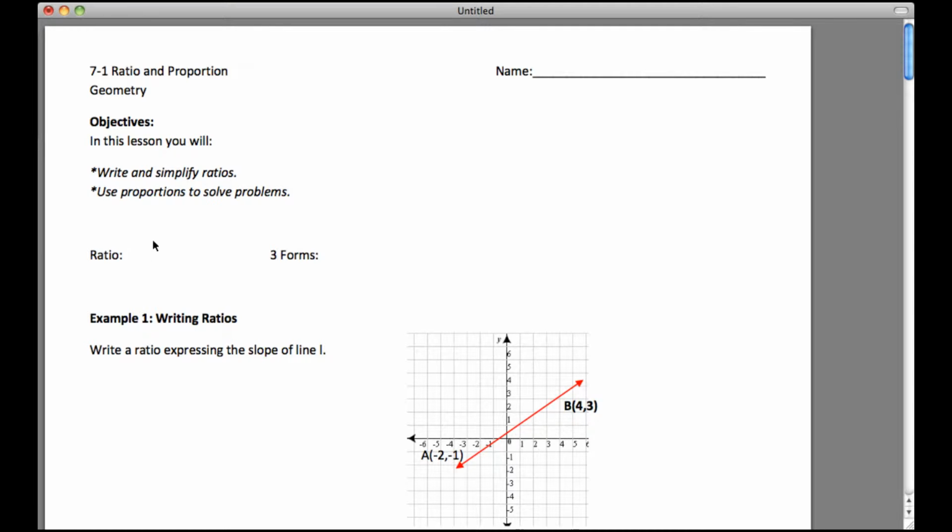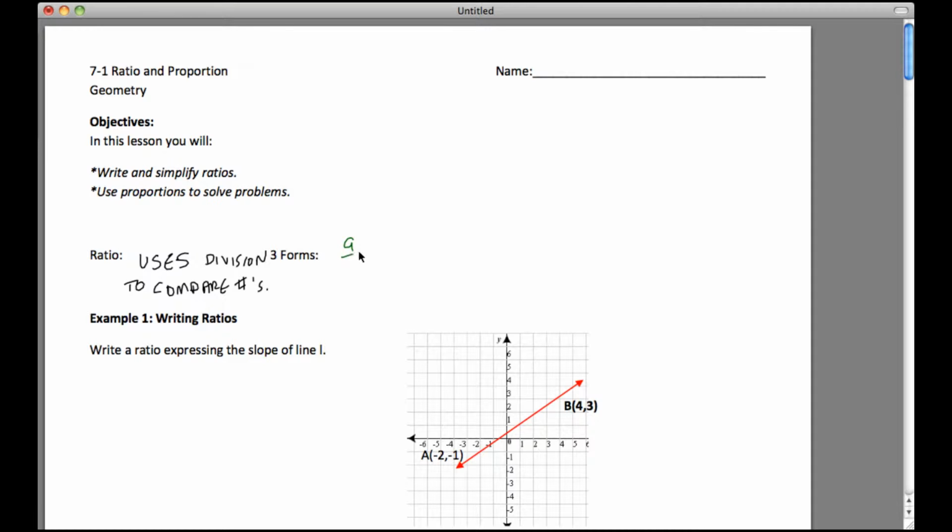A ratio uses division to compare numbers, okay? And ratios can come in three forms.